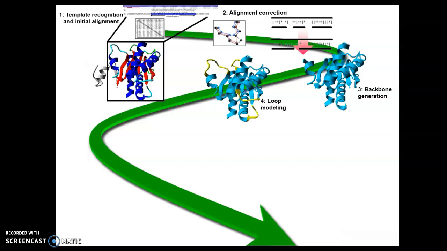The next few steps I'll explain very briefly, because in another class we can go into the details of it. What is this loop modeling? Loop modeling is taking care of those sequences which have not been assigned a structure. So once the backbone is done, then you would fill in the remaining regions with loops, and that is known as loop modeling.